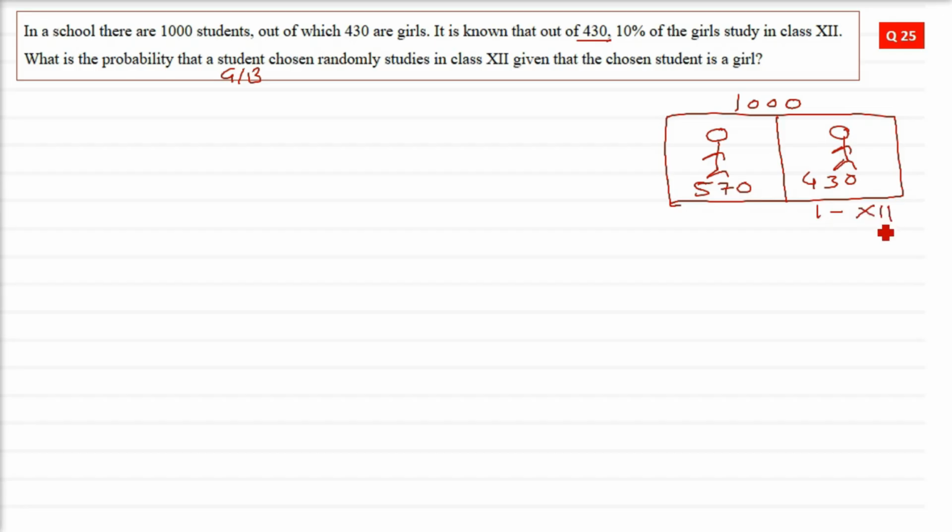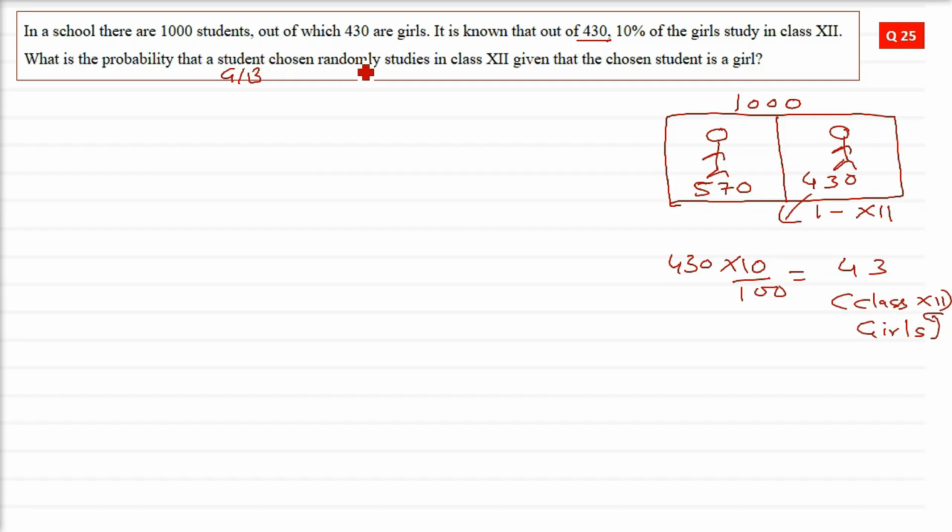So from 1st to 12th class, there are in all total 430 girls, and 10% of these 430 are studying in class 12. So 430 into 10 by 100, that is, I'm taking the 10%, that comes out to be 43. So 43 girls are present in class 12 or enrolled in class 12.